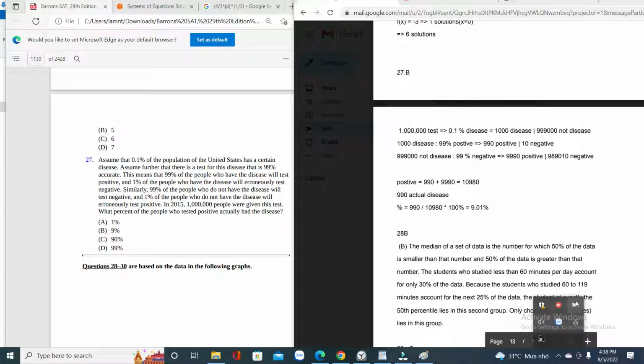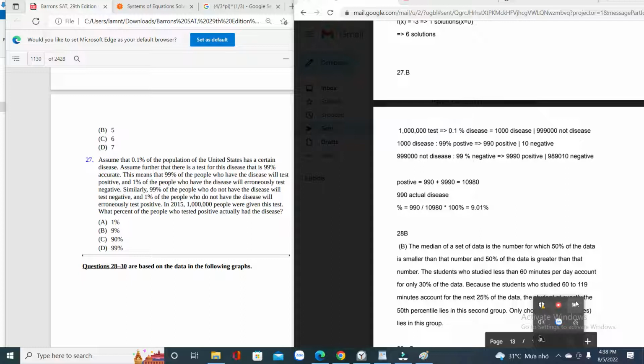Okay. So we have 10,980 people who actually test positive. However, of those people who found out they are positive, only 990 actually have the disease, right?